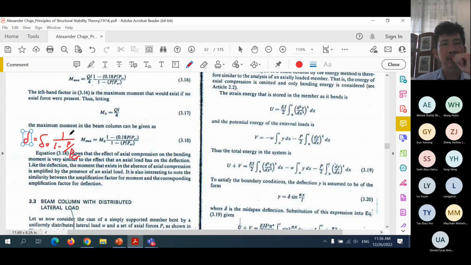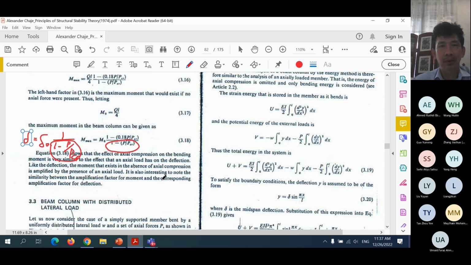The only difference is that for delta, the numerator is 1 and the denominator is 1 minus P over P critical, but in this case the numerator is 1 minus 0.18 P over P critical, divided by 1 minus P over P critical. If we look at this denominator and this denominator here, they are the same. So there is a similarity between the amplification factor for moment and the corresponding amplification factor for deflections.